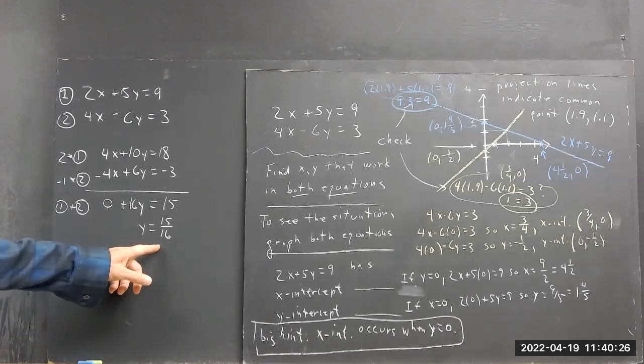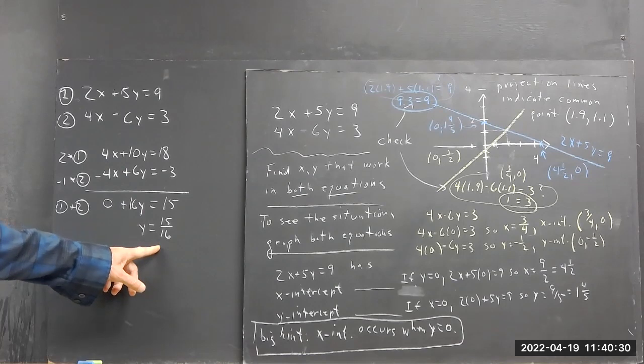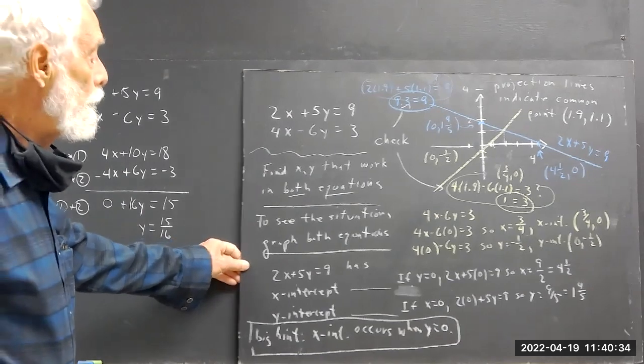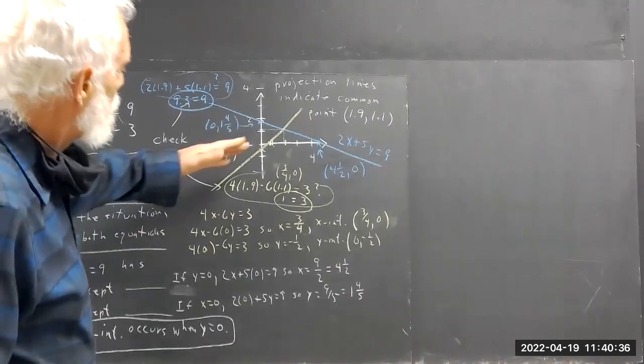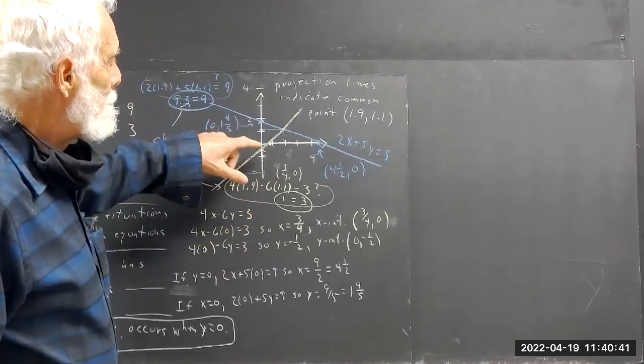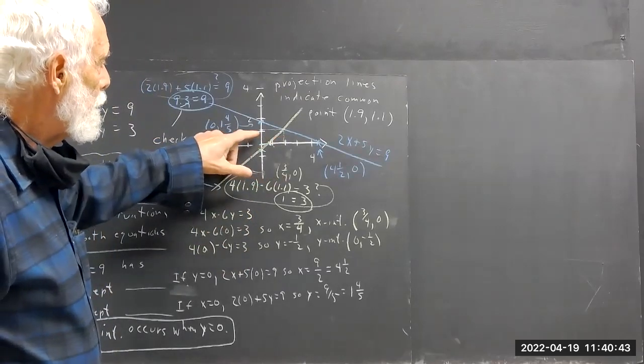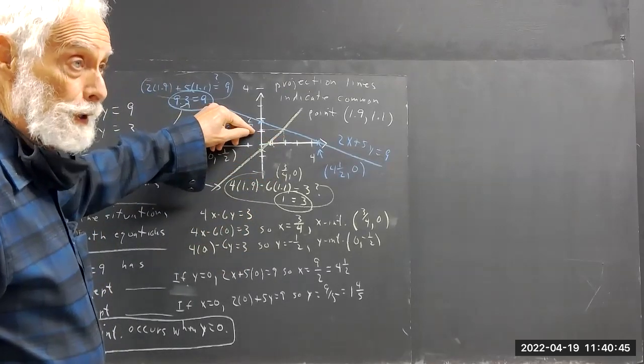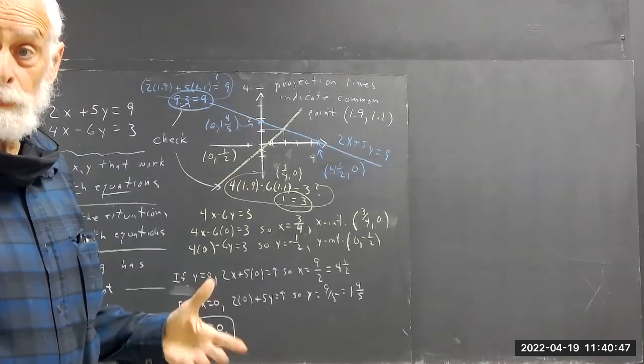Now 15 over 16 is really close to 1. But it's a little less than 1, right? Now remember what I did on my picture here. This thing kind of hooked up a little bit. If it had stayed straight, I might have possibly got an estimate of a tiny bit less than 1. But that would be the accurate number.